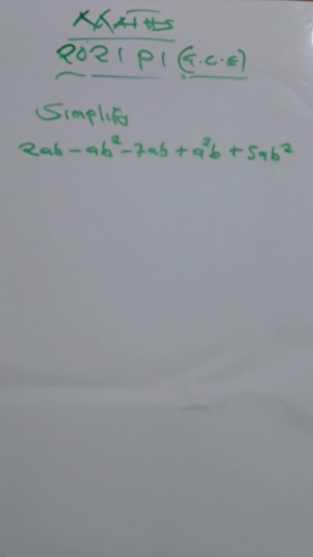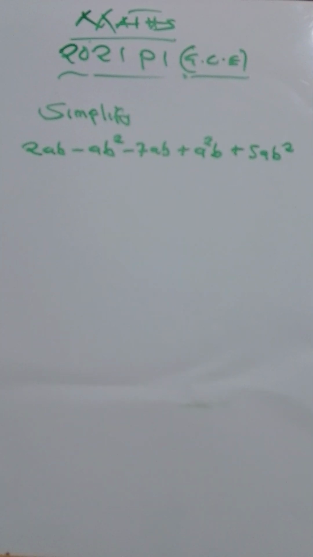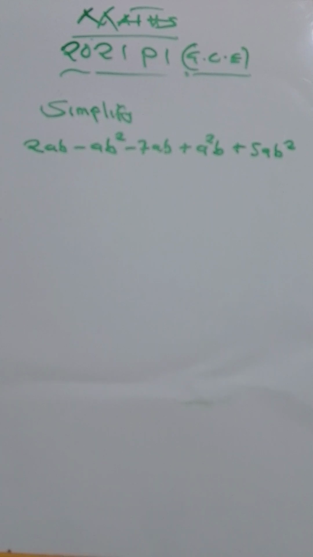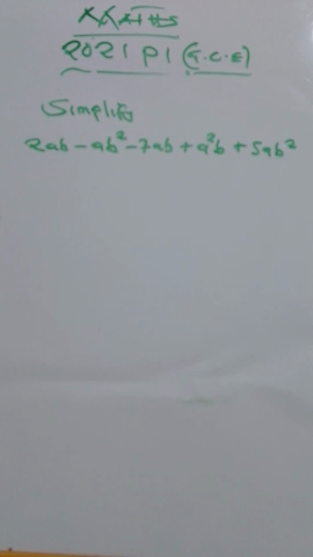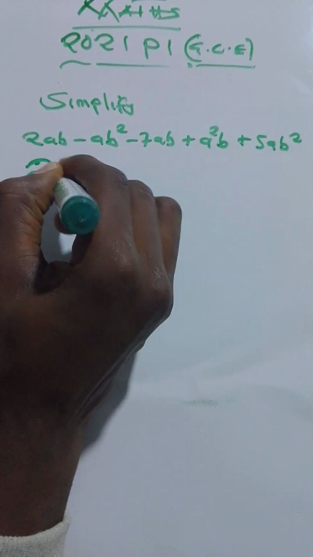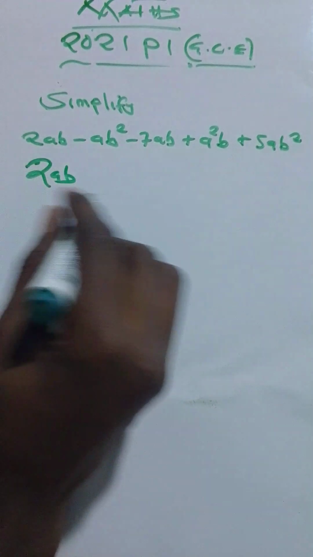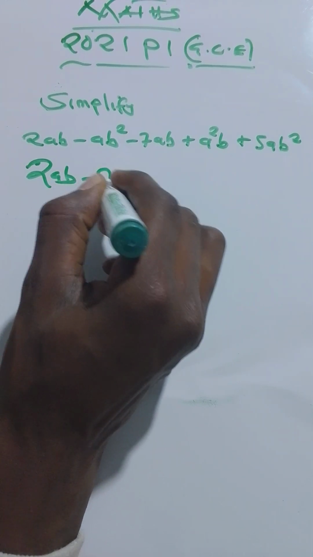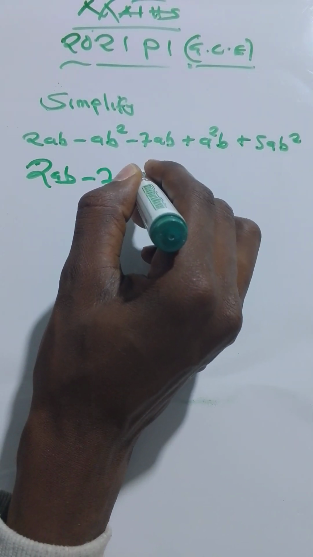So number 1, simplify. So I have 2a minus ab squared plus 7ab plus 2 plus a squared b plus 5b squared. The first thing, we need to collect the like terms. So I'll say 2ab, then we have also 7ab, so minus 7ab.